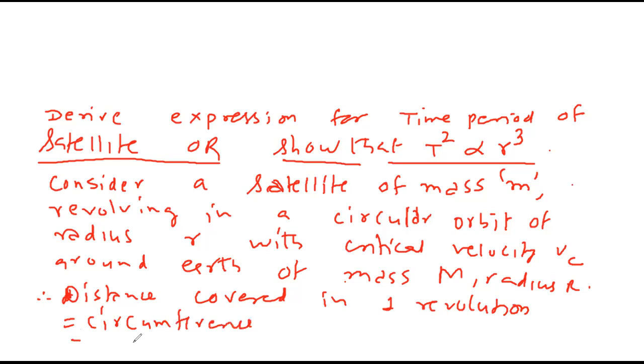Distance covered in one revolution is circumference, which is 2 pi r. So just copy till this: distance covered in one revolution equals 2 pi r.